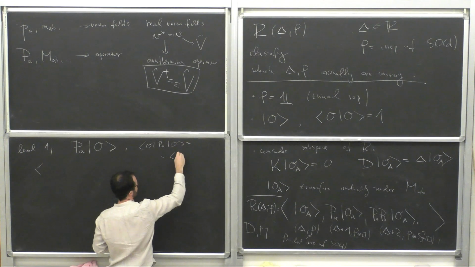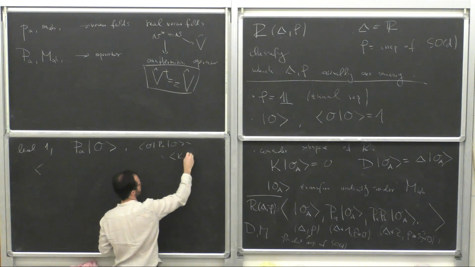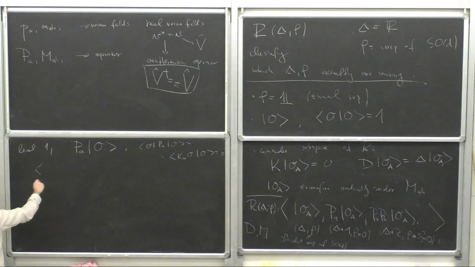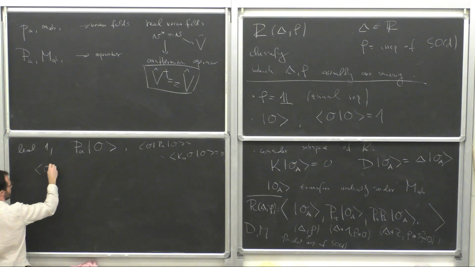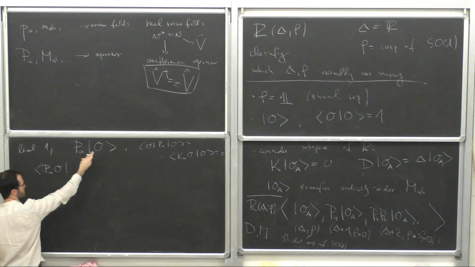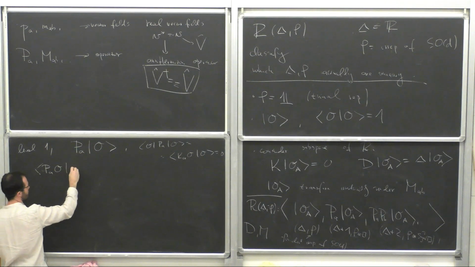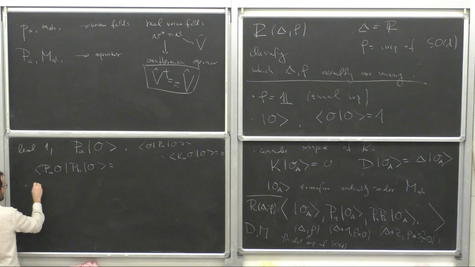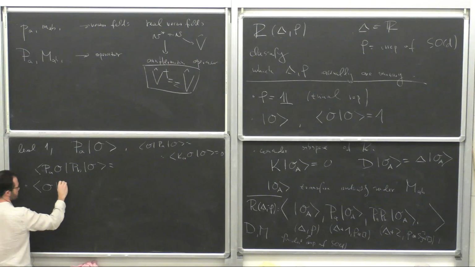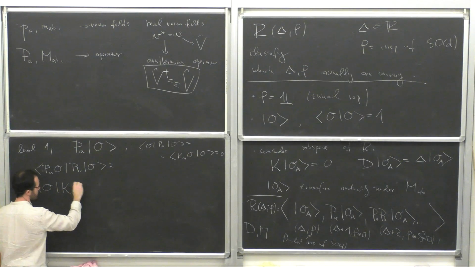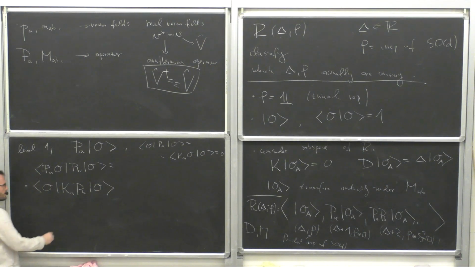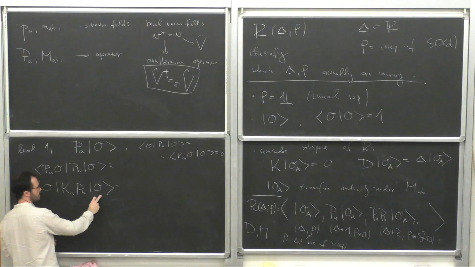By the Hermitian conjugation, we can make this into a K, and K annihilates O, so we don't have to worry about that. But let's worry about the inner product of these D states at level 1. So that's the same thing, using the fact that the Hermitian conjugate of P is K. Is that okay? Now we can write this as a commutator because K annihilates O.